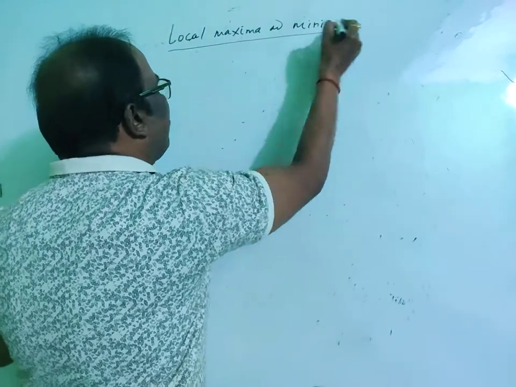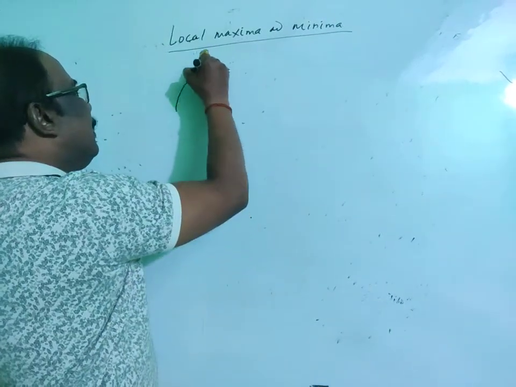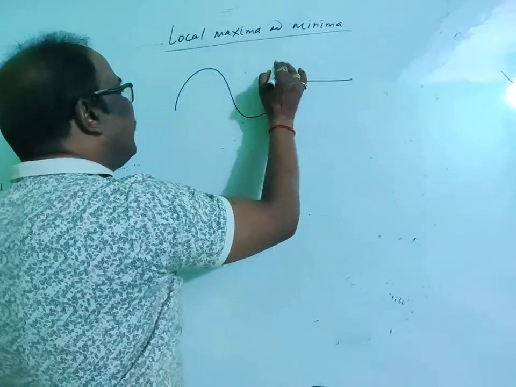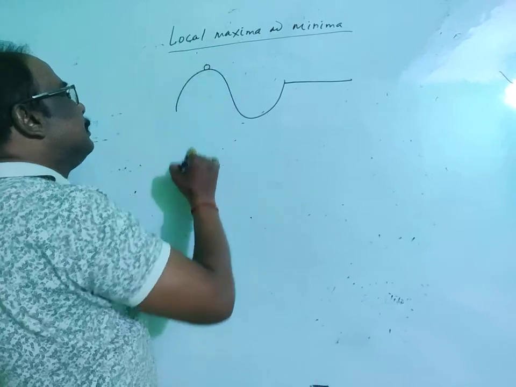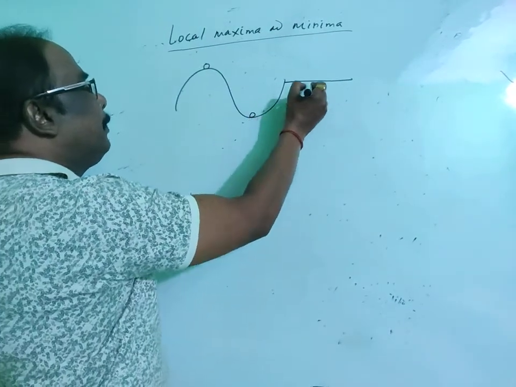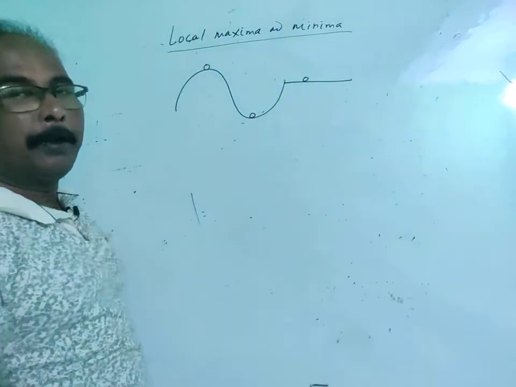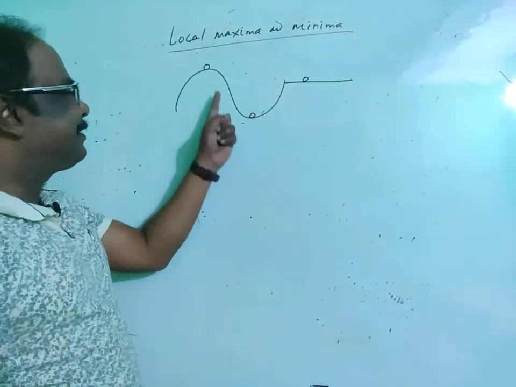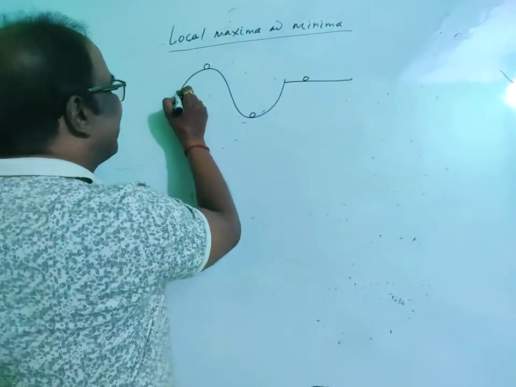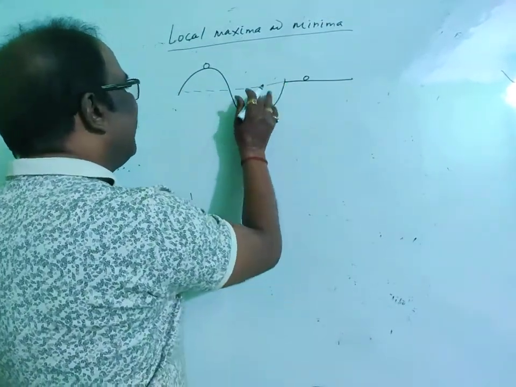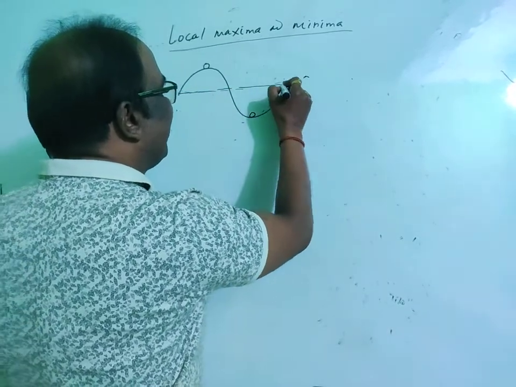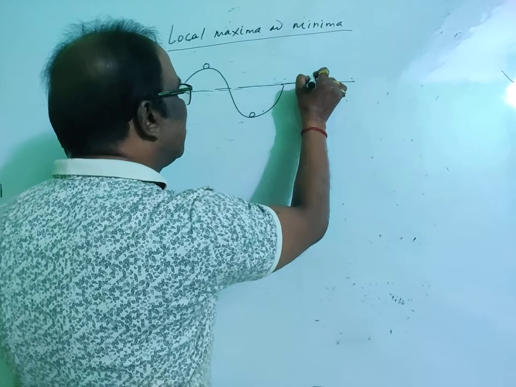See, our previous discussion, I am combining the diagram. This is unstable equilibrium, this is stable equilibrium, and this is neutral equilibrium. Hemispherical bowl. Okay, hemispherical bowl. And this is horizontal surface.